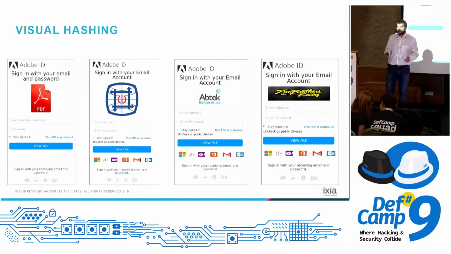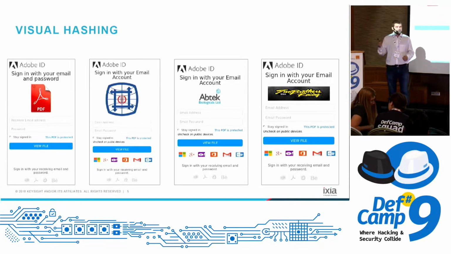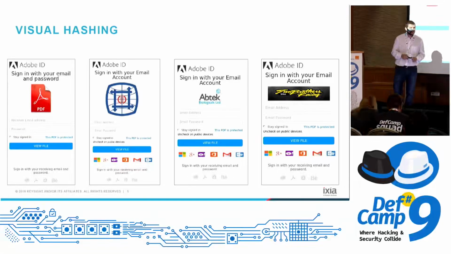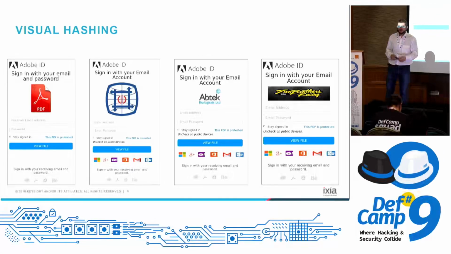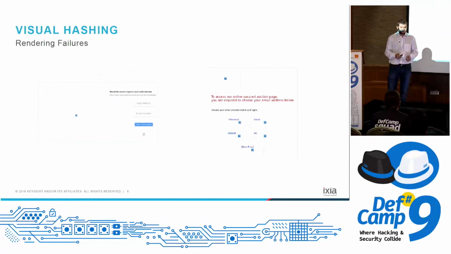Okay? My idea was, well, phishing relies on that whole graphical marker thing to gain trust. Most likely this should work. That was my expectation. I tested it with login pages such as these, and lo and behold, it actually did work. And then I began to run into the limitations of this approach.